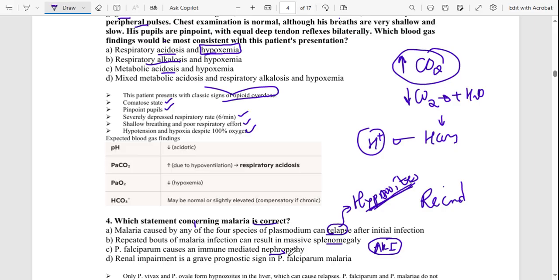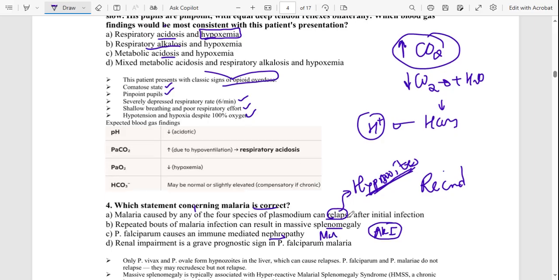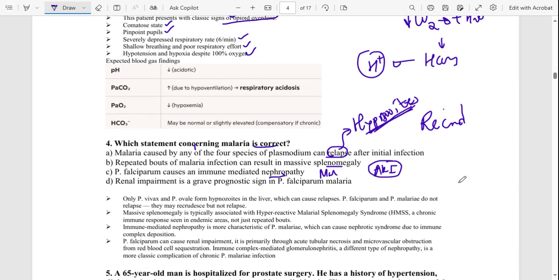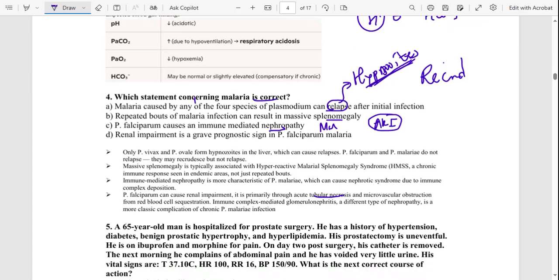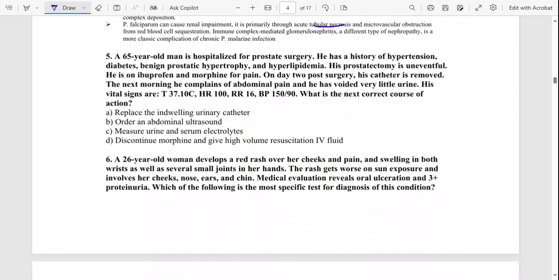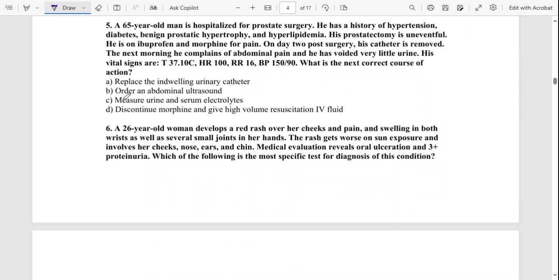The immune mediated kidney injury is specifically caused by Plasmodium malariae. Plasmodium falciparum is also going to cause an injury to the kidney, but it is via acute tubular necrosis, not as an immune response. So that's the difference between the kidney injury caused by falciparum and the one caused by malariae.